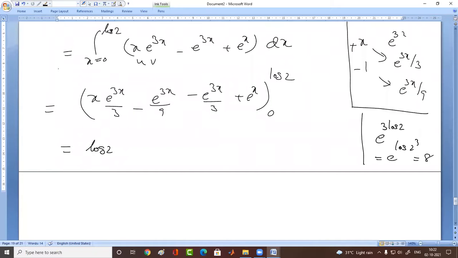So 8 by 3. Now this is also 8 by 9, 8 by 3 plus 2. If you put x equals to 0, this term is 0, minus 1 by 9, minus 1 by 3, plus 1.